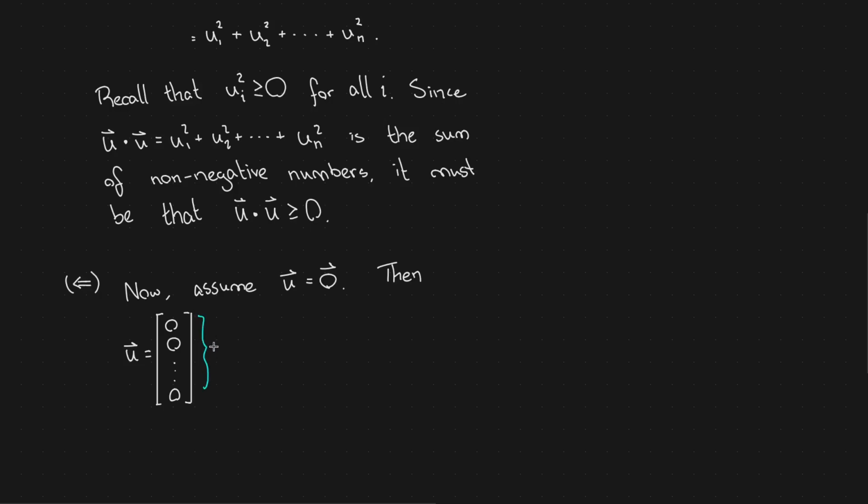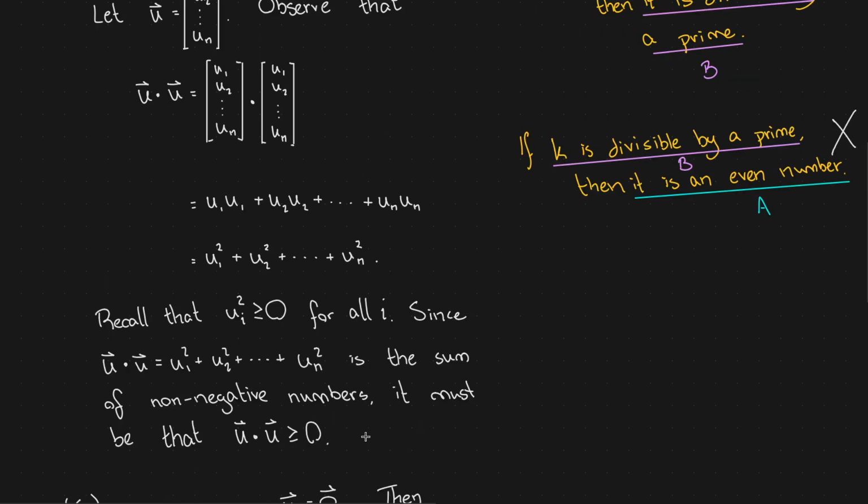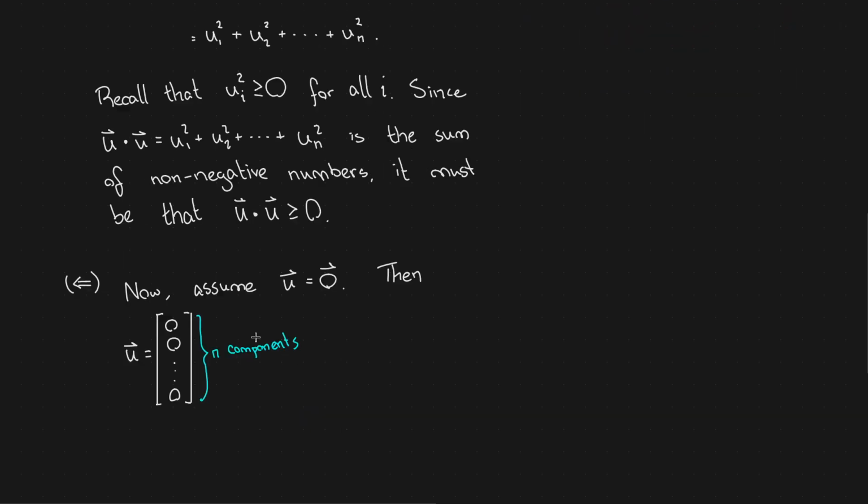And here we have n components. Notice I don't use 0 sub 1, 0 sub 2, 0 sub n. We only use subscripts for variables, not numbers. So up here, I could do u sub 1, u sub 2, u sub n, and then it's very clear that I have n components. Here, we do not use subscripts for numbers. 0 sub 1, 0 sub 2, 0 sub n, that just looks ugly.